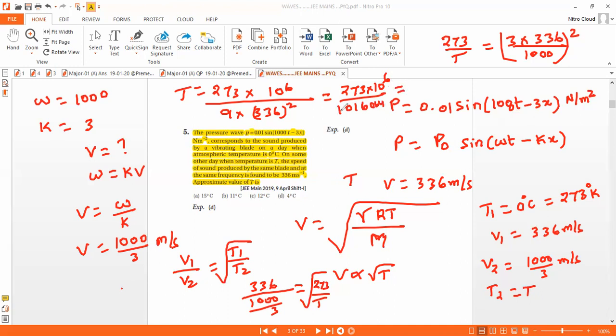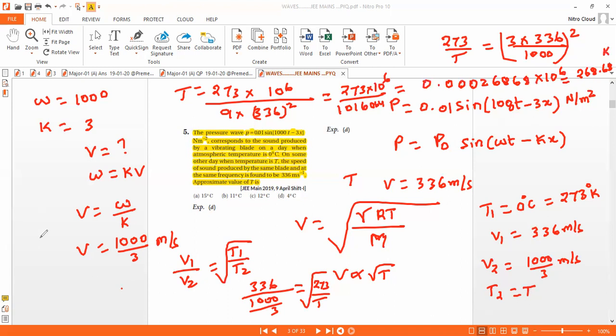So 273 divided by 1016064 is 0.000026868, into 10 power 6, that is 268.68 Kelvin.